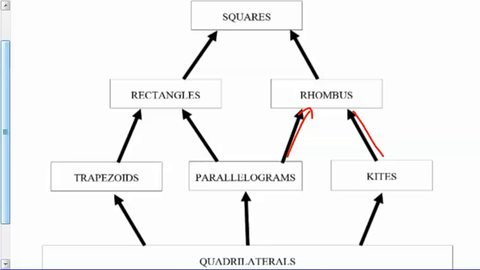So kind of look at it like that, a flowchart, and remember that anything that's in a higher level has all the properties of the lower levels that flow into it, right? So a rectangle does not have the properties of a kite. There's no arrow going from kite to rectangle, right? Rhombuses don't have the properties of trapezoids, but they do flow. From every arrow, whichever way it goes, if it's connected, it has the properties of anything below it.